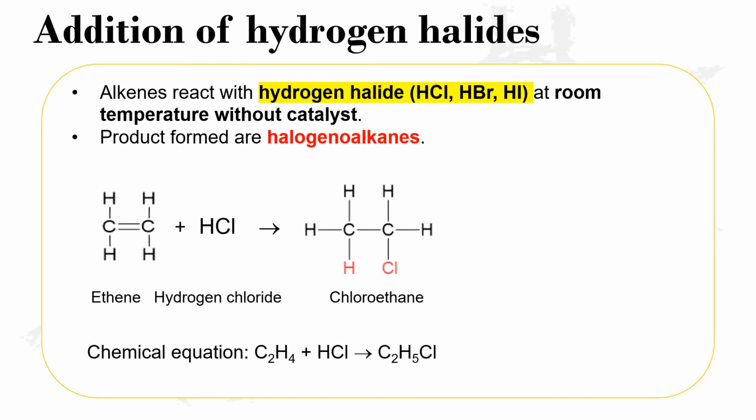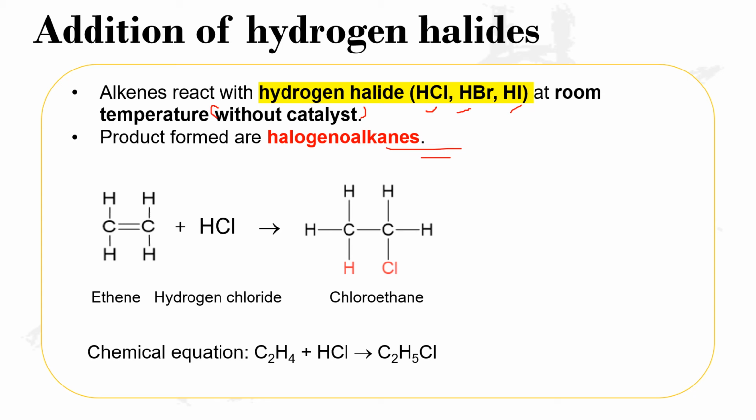So the third addition reaction is the addition of hydrogen halides. So alkene, you react with hydrogen halides. You can have HCl, HBr, or HI, at room temperature without catalyst. So the products formed are halogenoalkanes.